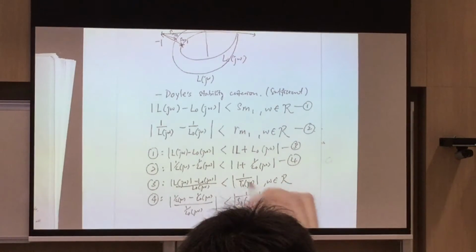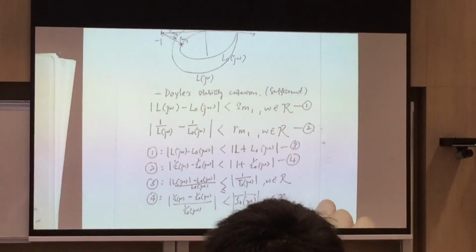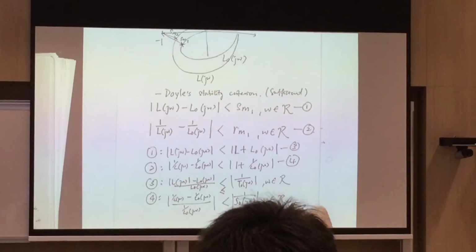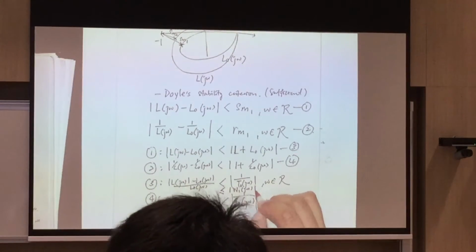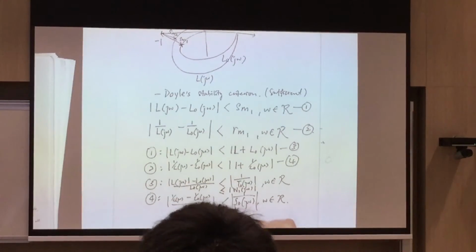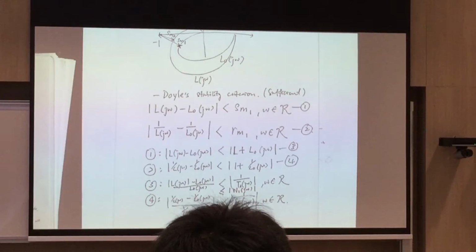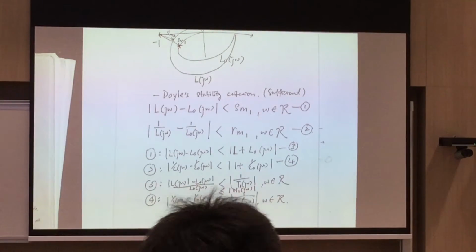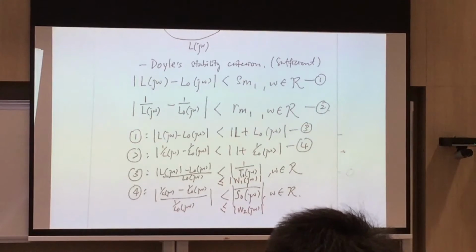Okay, replace this part here by less than or equal to W1 j omega, which is a bounded region. Replace this part here by less than or equal to W2 j omega, which is another bounded region for S. Okay? And then it becomes necessary and sufficient for stability.